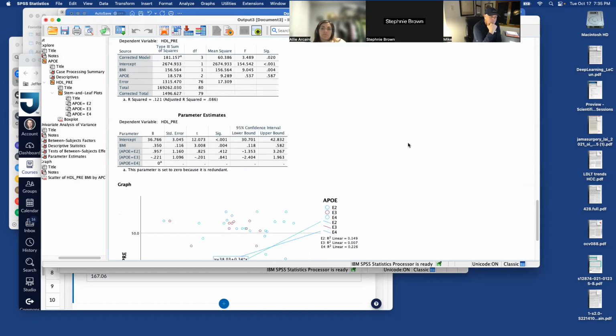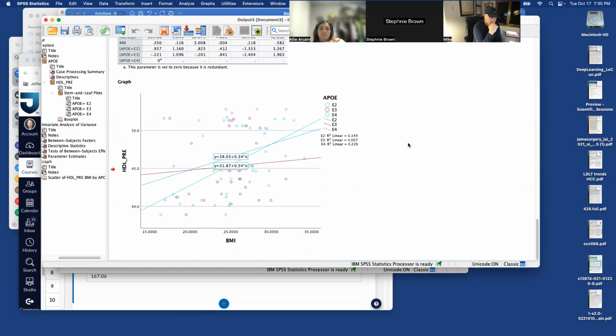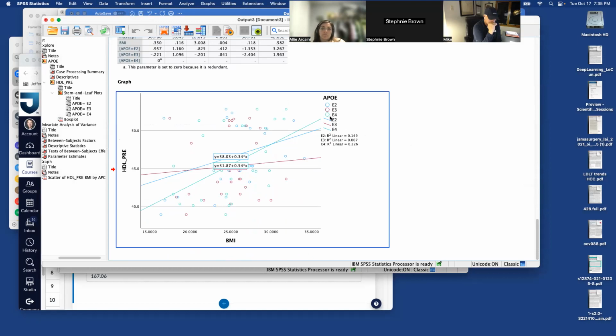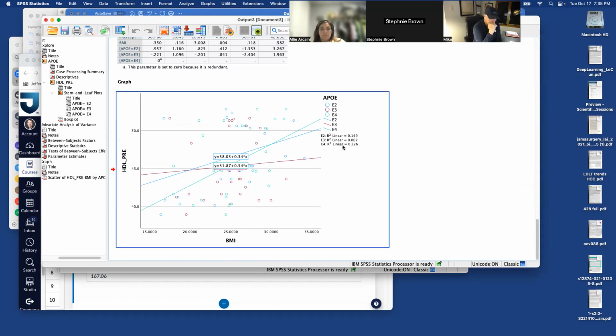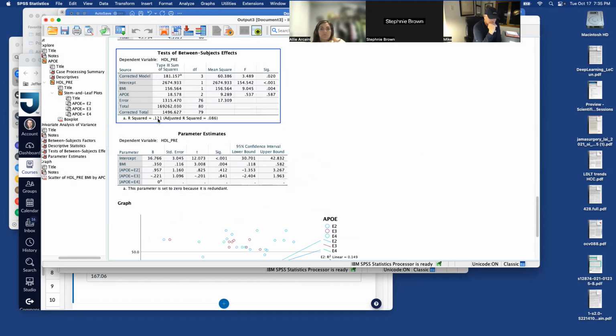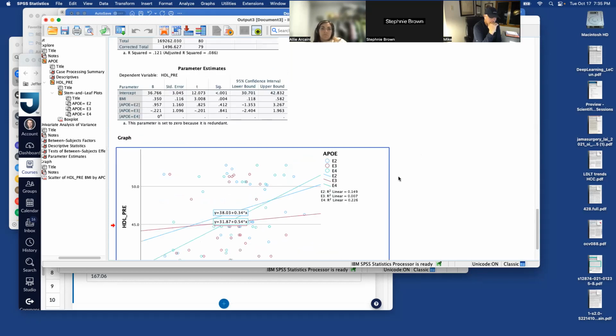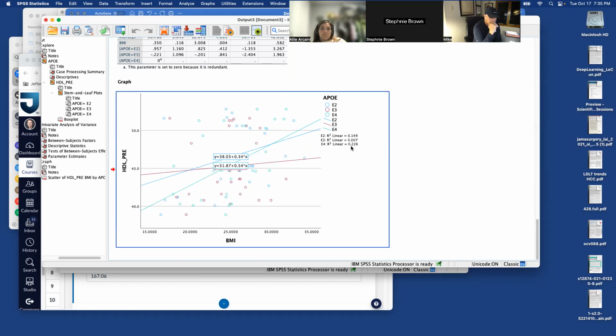SPSS instead takes the scatter plot, it knows which data points come from which groups, and it fits, as you can see, 3 different R-square values, which are different from here. This is the main model with all the data, which has an R-squared of 0.121. These are 3 different models.